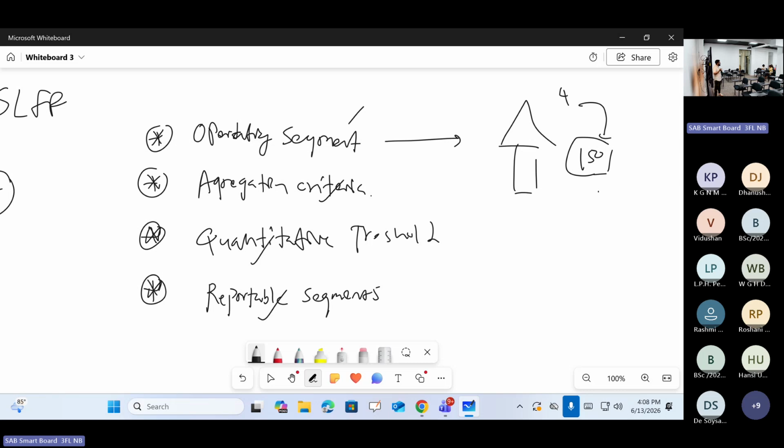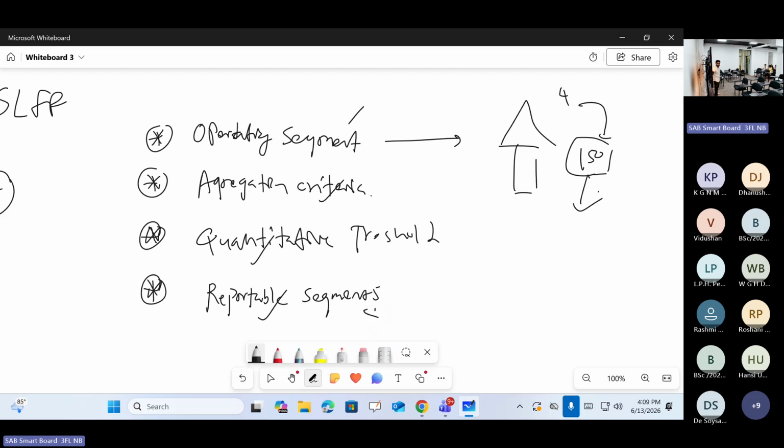With the economic change, environmental change, you are being innovative. You are producing new things for the society. If it is so, your operating segments can be expanded. So the operating segment is good.